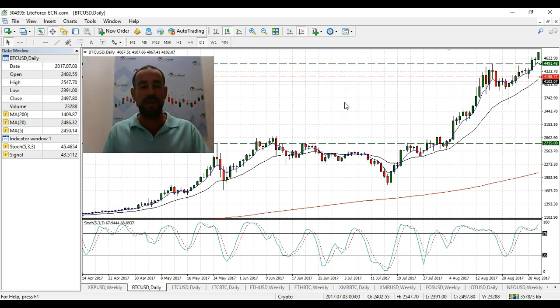So guys, I think you got the picture. Like I said before, it's pretty straightforward. The unique combination of these indicators and these moving averages is what makes this strategy special.